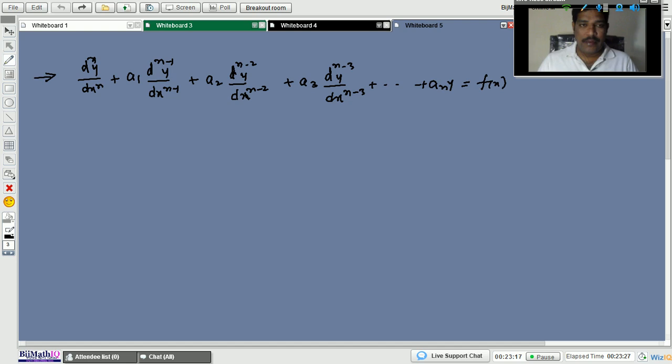So this is our nth order linear differential equation with constant coefficients a1, a2, a3, and so on up to an. These are all coefficients. And here you can clearly observe that the function on the right side is a function of the independent variable x. In application orientation, this is also called the input function.